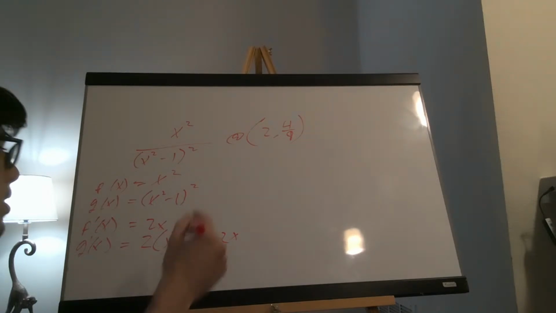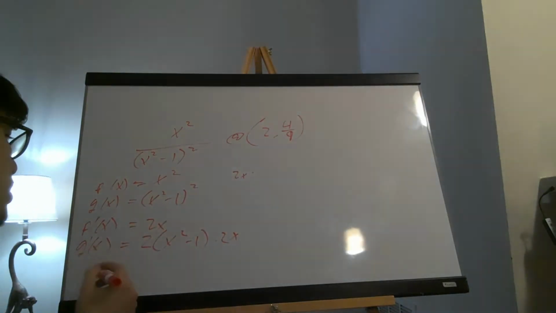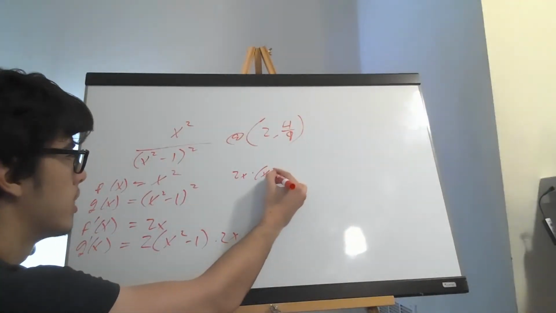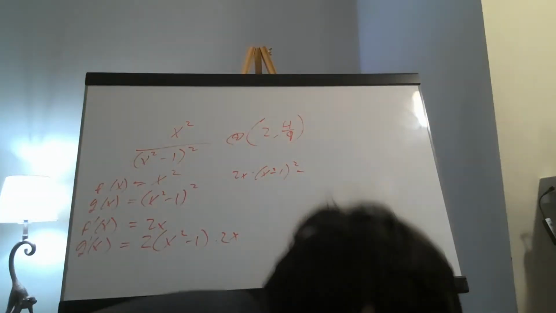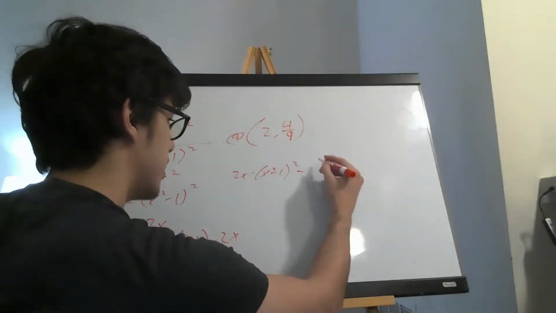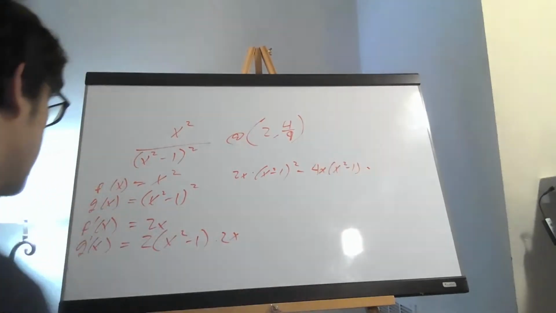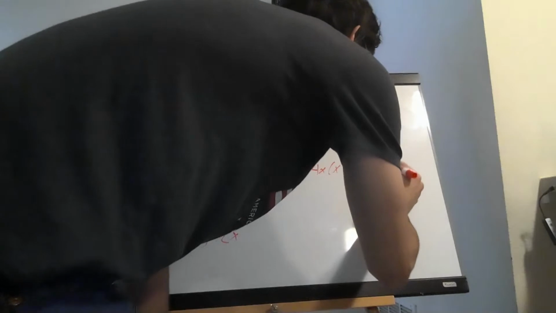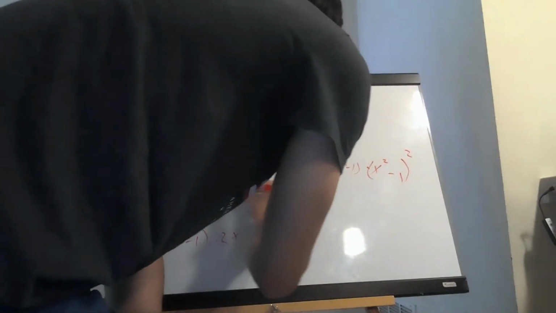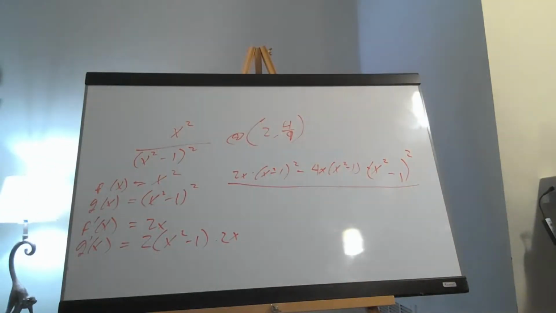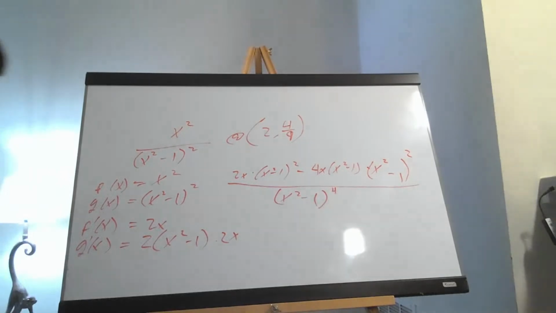So, if you guys remember correctly, f prime of x, so 2x times g of x, x squared minus 1 squared, minus g prime of x, which is going to be 4x times x squared minus 1 times f of x, which is x squared, all over x squared minus 1 to the 4th, because we're squaring the bottom.